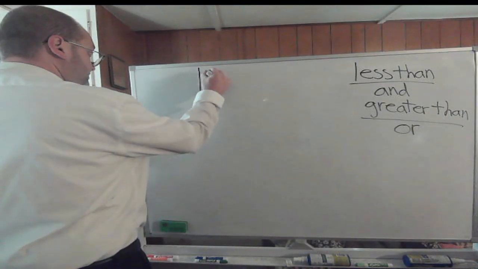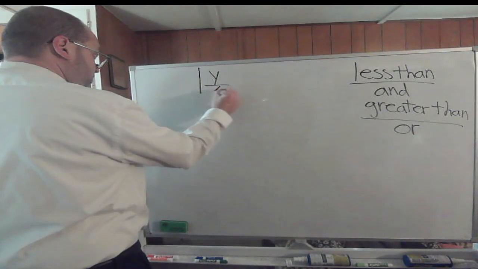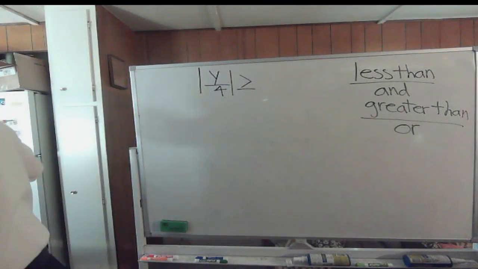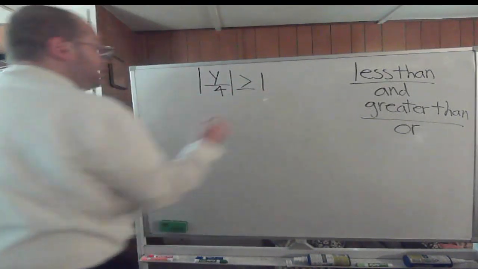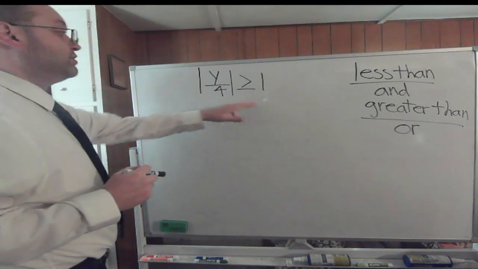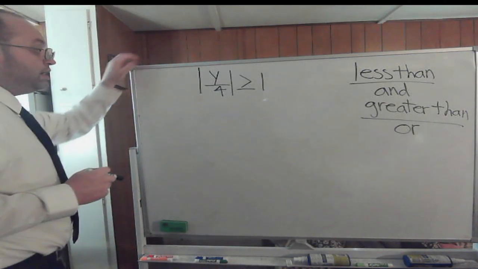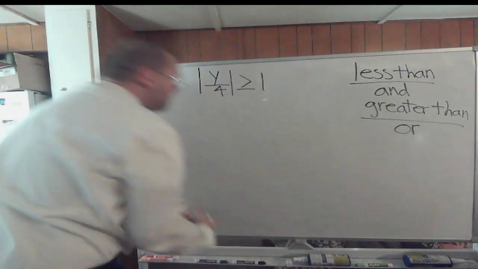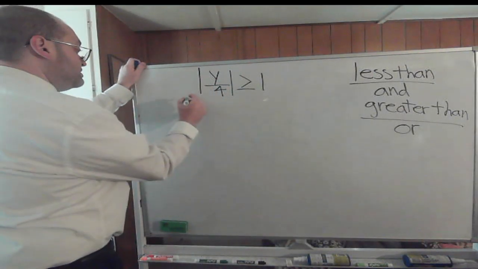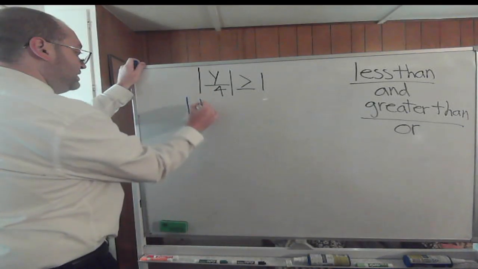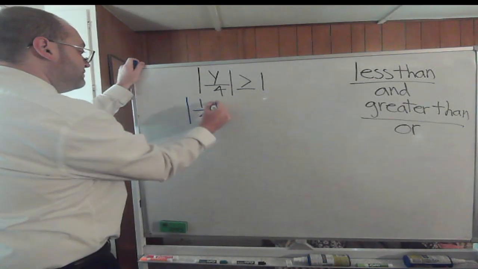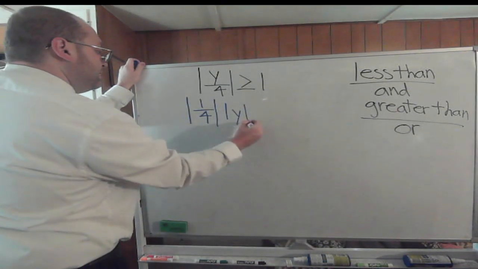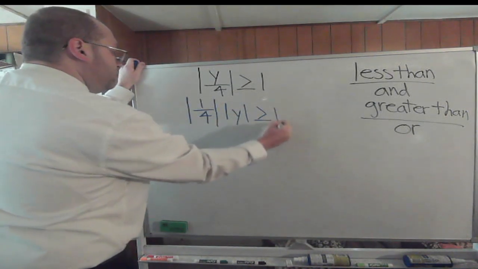Let's see. We have the absolute value of y over 4 is greater than or equal to 1. Well, we have a product rule. y over 4 is the same as 1/4 times y, is it not? So we can take these products separately, the absolute value of 1/4 times the absolute value of y, and make those greater than or equal to 1.